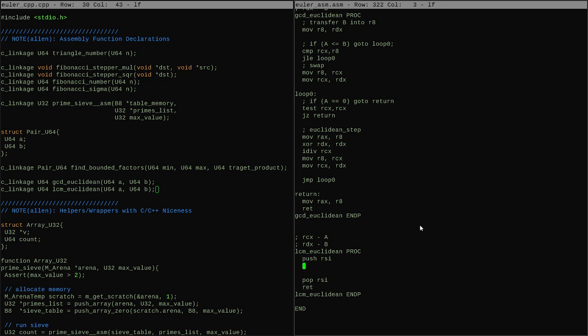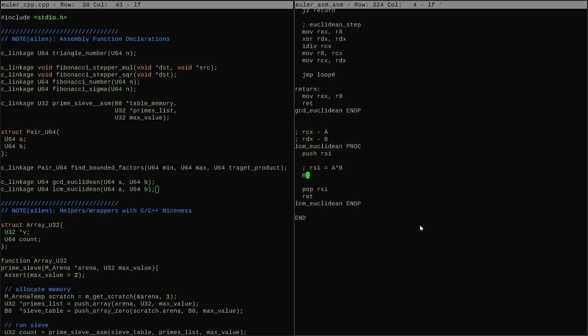And then in the meantime, we are going to set RSI equal to A times B. So move into RSI from A, multiply into RSI from B, and then we still have C and D set up so that I can just pass those parameters right onto the GCD algorithm. So call GCD.